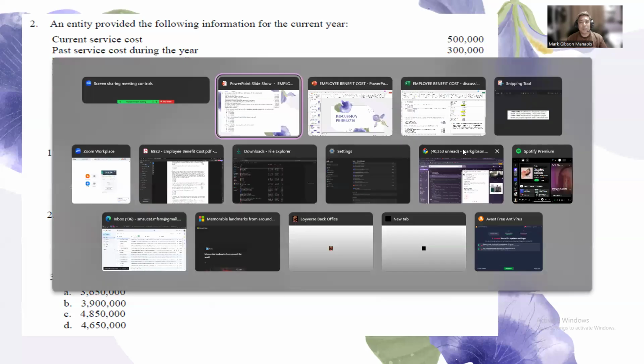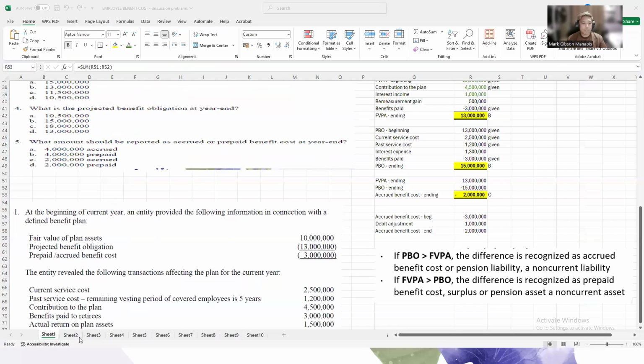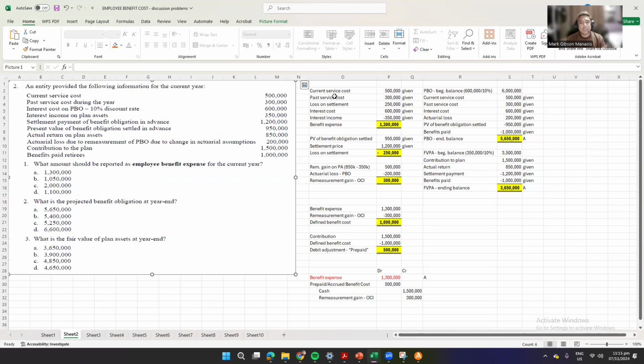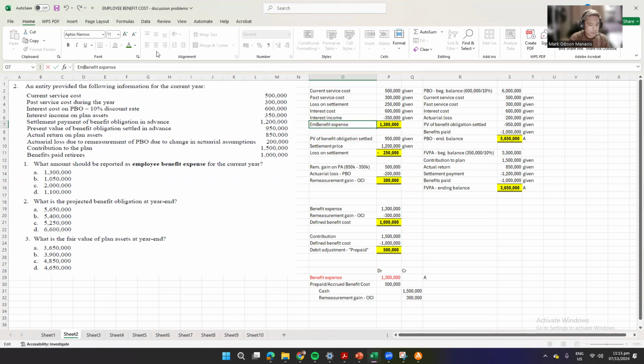No? So let's have problem number 2. Okay. So for problem number 2, gaya ng sabi ko sa inyo, we're just going to compute for the employee benefit expense. Sabi nga natin, di ba, we have a template for that, no? So for the employee benefit expense, kumpletuhin ko to para at least hindi malito. For the employee benefit expense, we have the current service costs. So it's given, 500,000.